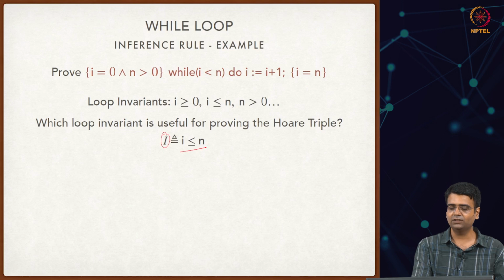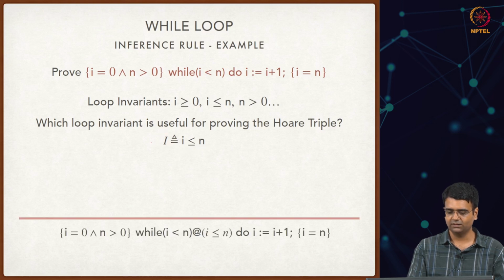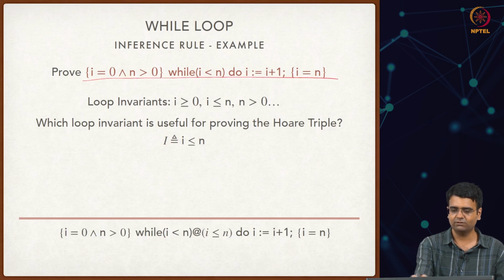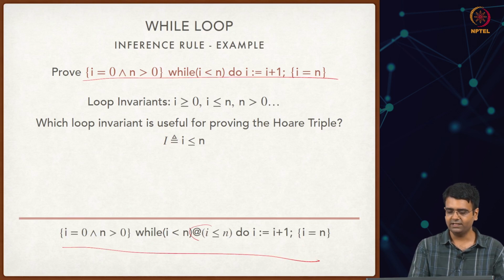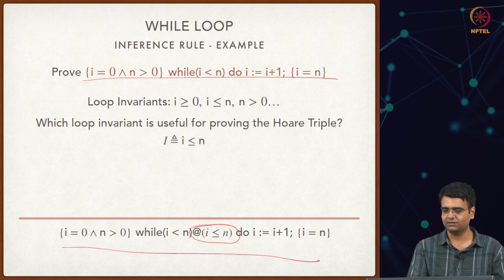Once we have that, I can simply plug in the different components of the inference rule for while loops. This is my Hoare triple that I want to prove, exactly the same as what I have here, except that I have added this loop invariant, I is less than or equal to n.